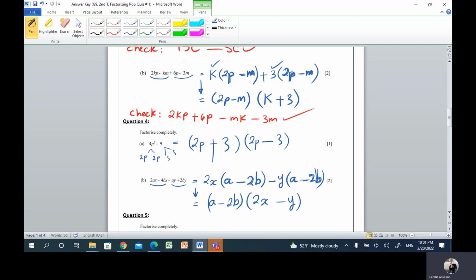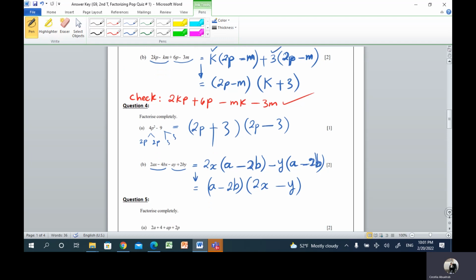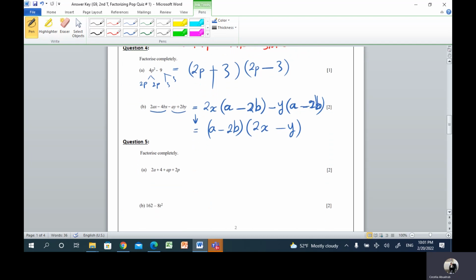And if you check by expanding, you must get the original expression in order to know if your factorizing is correct or not. The same applies here. Let's take the first two terms and then the last two terms, equals 2a plus 4. The 2 is going to come out as a common factor. Open a bracket.